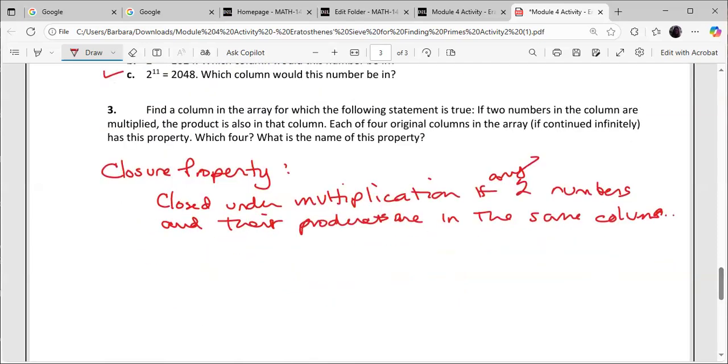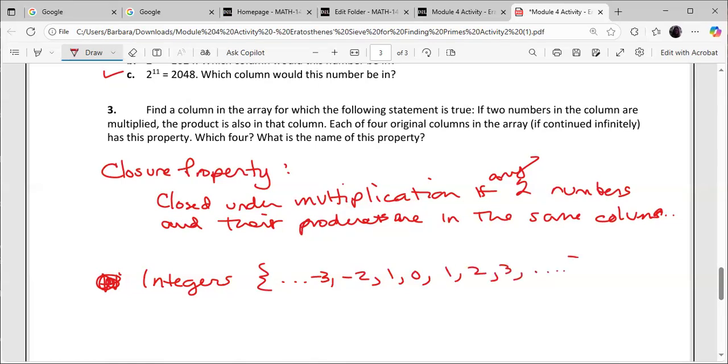Usually when we study the closure property, we talk about sets of numbers, such as the whole numbers or the integers. Let's say the set of integers: negative 3, negative 2, negative 1, 0, 1, 2, 3, and you keep going.